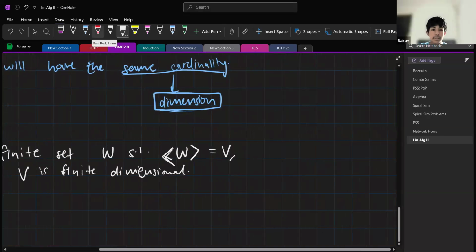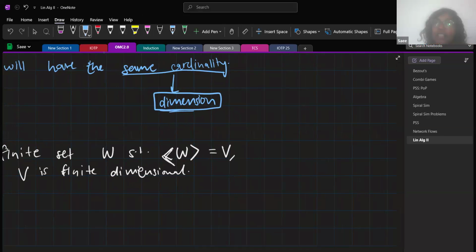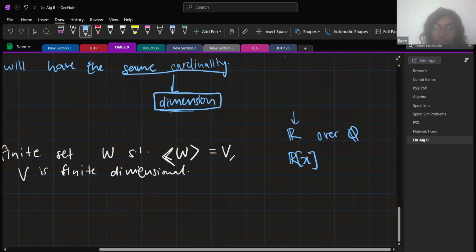R over Q would be an infinite dimensional vector space. Yes, sure, true. I was also thinking of the set of polynomials R[x] or something, that also works. R is a vector space with the field as Q.